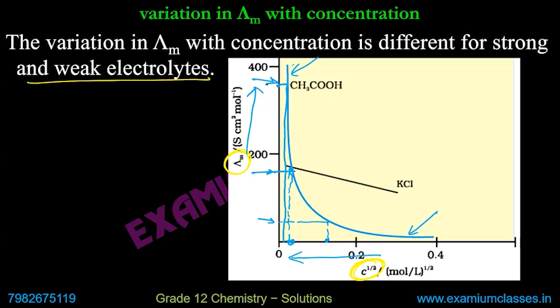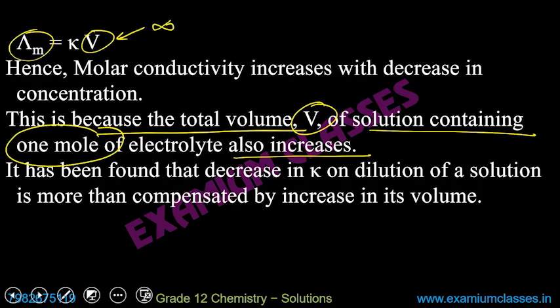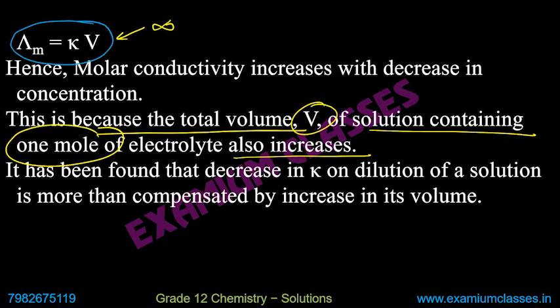Can anyone tell me the reason why beyond a certain dilution the molar conductivity will not increase? What might be the reason? From this formula, it seems that if V is infinity and we keep on increasing, lambda m will keep on increasing.